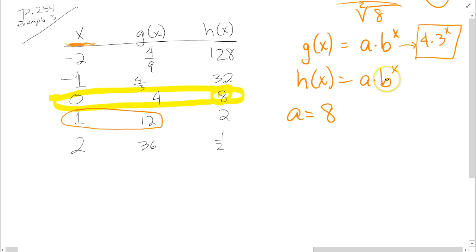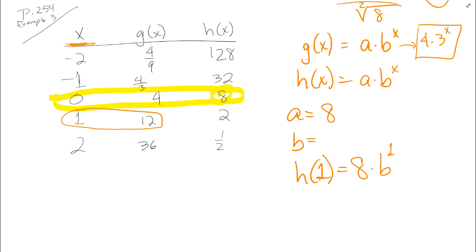Then how do I find the b? Well, I can set up the b question by choosing x equal to 1. So I get b to the first power, which is just plain b. So let me write that. h of 1 would be a, which I already figured out. My initial value is 8 times b, which I don't know, and the exponent in this case is 1. Now I have that answer right here. When x is 1, h of x is 2.